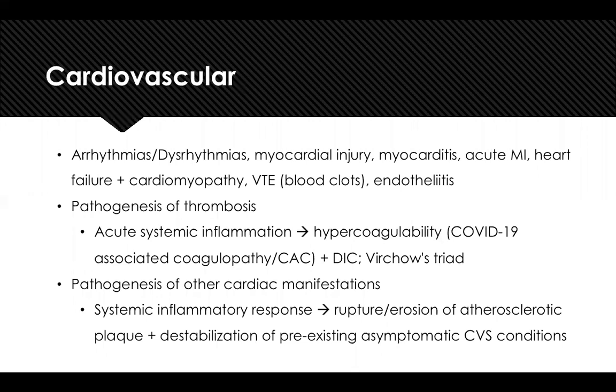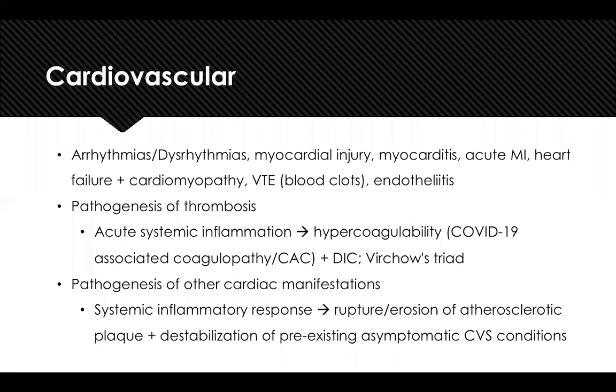Beyond just that, there are also other cardiac manifestations. So you don't necessarily have to have the symptoms of a cardiovascular disease in order to develop these complications. The cardiovascular complications of COVID-19 can happen in people who have asymptomatic cardiovascular conditions as well. That is, they are not showing symptoms of any cardiovascular disease before they get COVID.